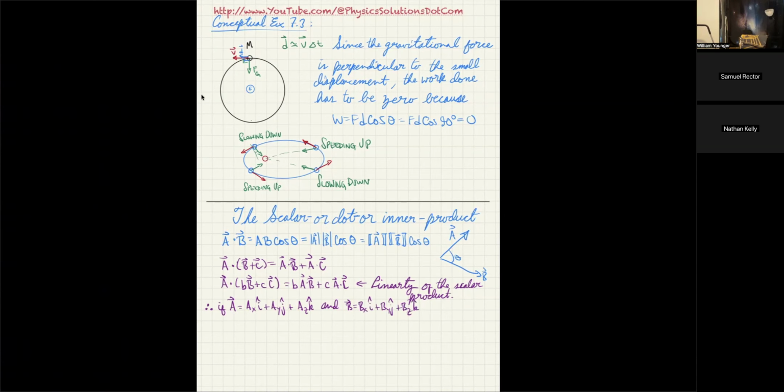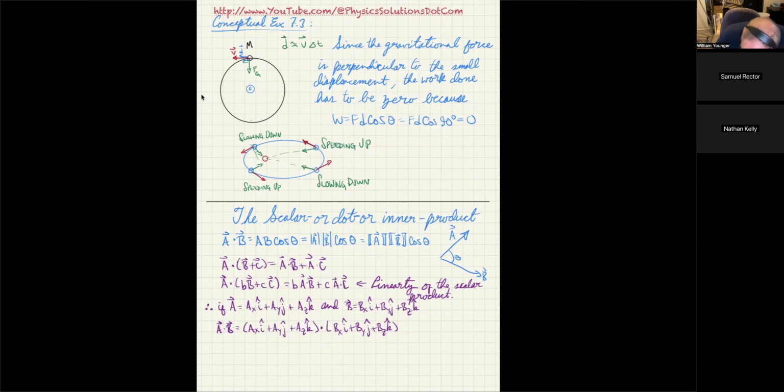If we had that, then A dot B is equal to A sub x i hat plus A sub y j hat plus A sub z k hat dotted with B sub x i hat plus B sub y j hat plus B sub z k hat. And using those last two principles that I showed you, how you could break up sums and distribute it over negatives, what that's telling us is the distributive property works perfectly well with the dot product, just like it did with regular algebra and regular multiplication.